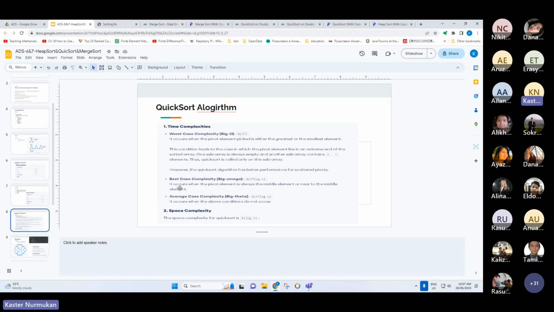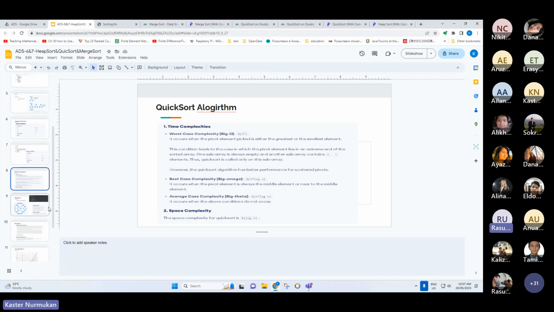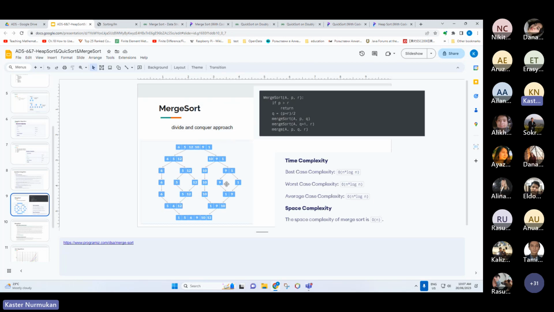Especially in practice, Quicksort is predictable. It has been proved that Quicksort can get better performance because it can predict and avoid bad pivot positions. Okay, the last one is MergeSort. MergeSort is another very stable algorithm, theoretically always n log n time. As you can see, average case, worst case and best case are always the same, so it is more stable.